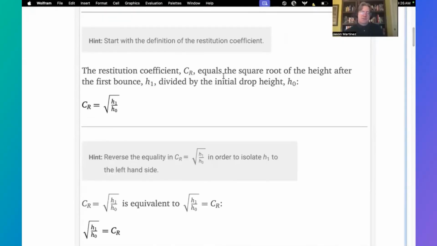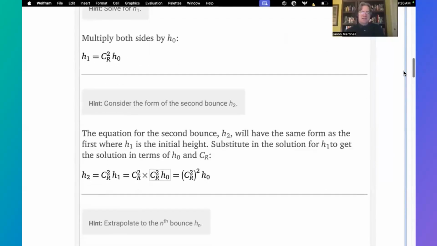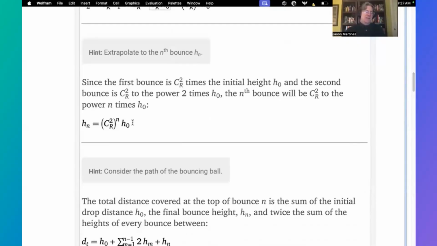So we start with the definition of the restitution coefficient, which is the square root of the height after the first bounce divided by the initial drop height. We do some manipulation of that to get our height after one bounce, and then we can repeat that to get the height after n bounces.